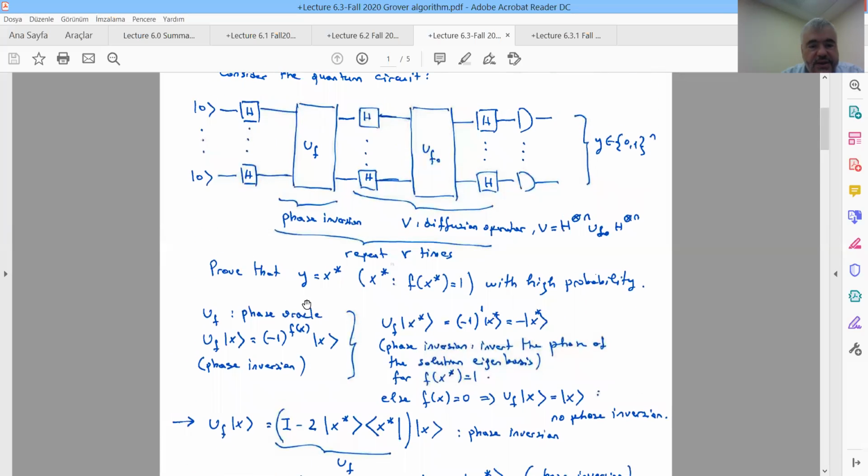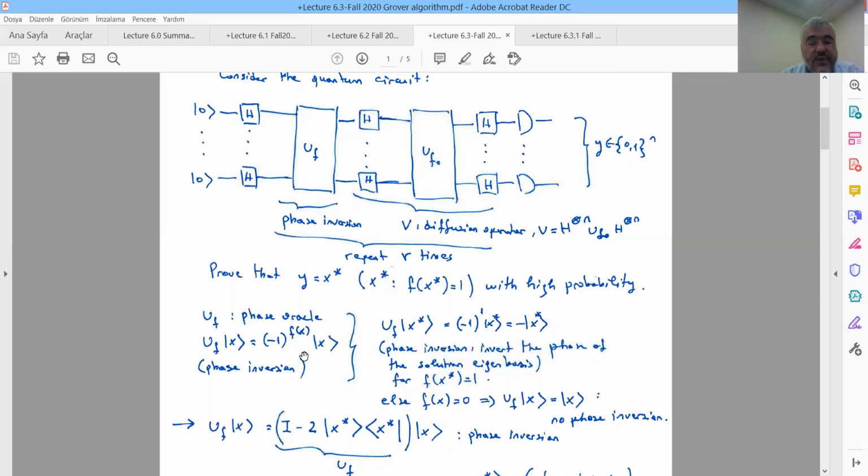Again, we said U sub f, right? This is the phase inversion. By definition of the phase oracle, U sub f applied to ket x equals (-1) to the f of x ket x. This was how a phase oracle behaved.